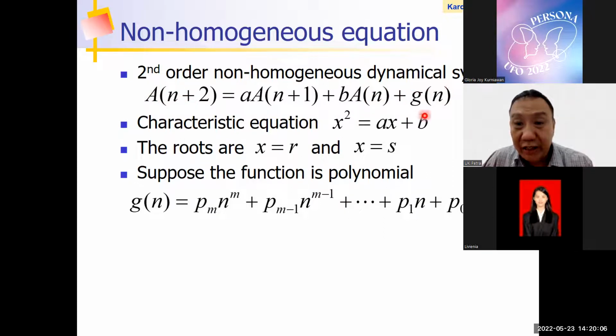When you have g_n in here, it becomes non-homogeneous. The roots are x equal r and x equal s, so x1 and x2. And suppose this is your polynomial function, which is p_n n to the power m, and so on, until p_0.